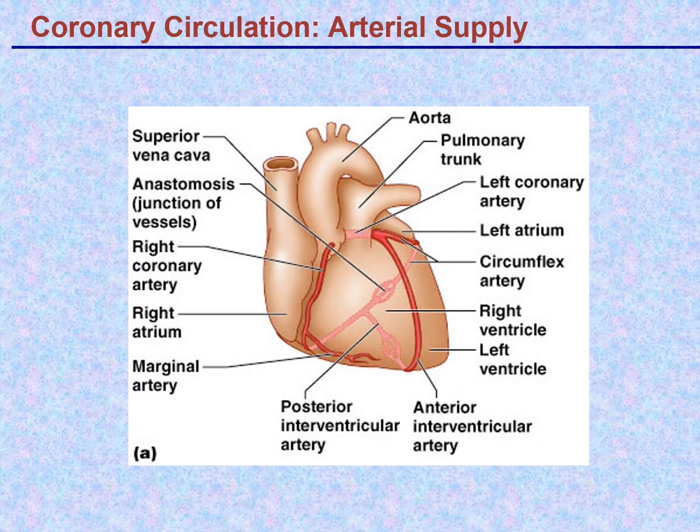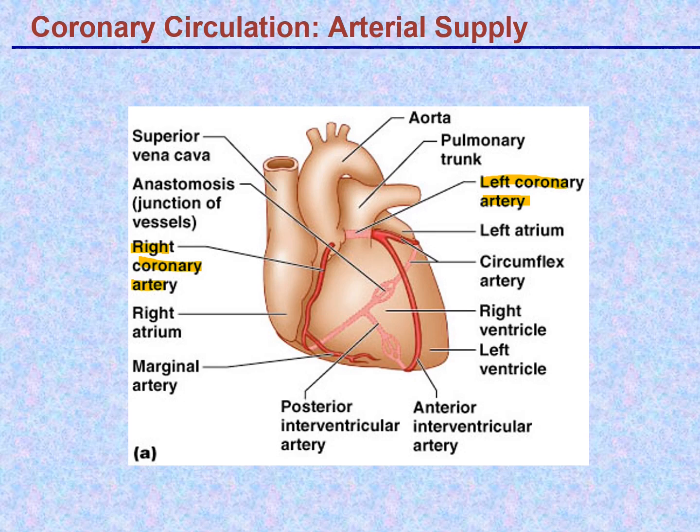What I've been discussing is shown here. I mentioned particularly the left coronary artery and the right coronary artery, which are found in the right and left atrioventricular grooves. And some of the other things that I've mentioned are labeled, but some aren't.